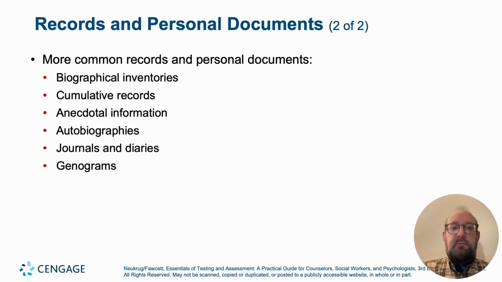Some common records and personal documents: biographical inventories, autobiographies, journals and diaries. We talk about those with our clients a lot. Genograms is a great example of a record or personal document type. It's a great assessment tool.